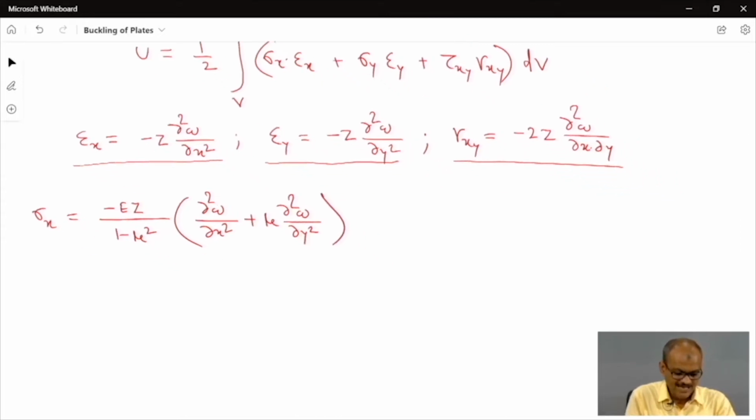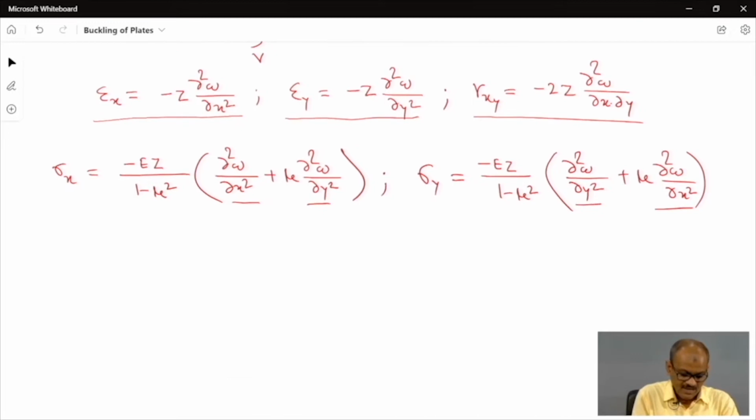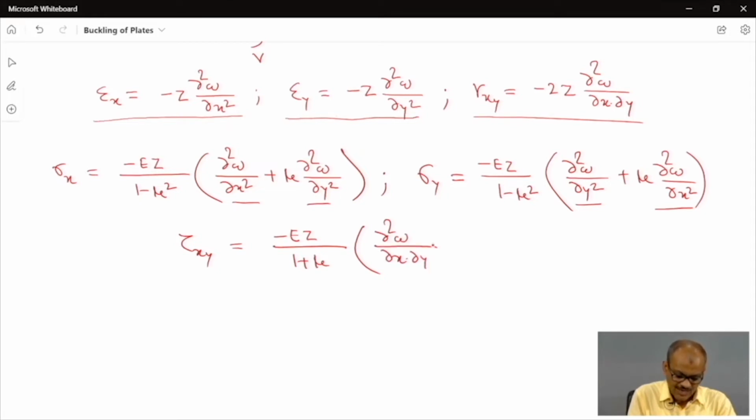And sigma y is minus Ez divided by 1 minus mu square into del square w by del y square plus mu into del square w by del x square. The x and y are interchanged here, just an observation. And tau xy is minus Ez divided by 1 plus mu multiplied by del square w by del x del y.